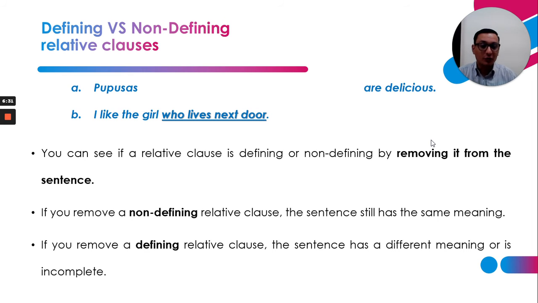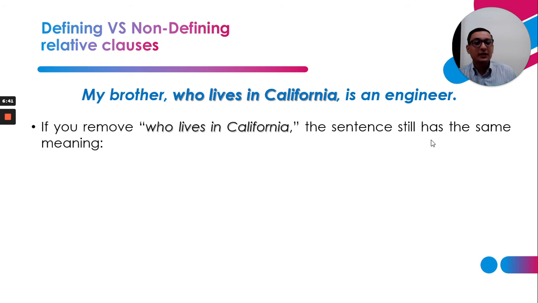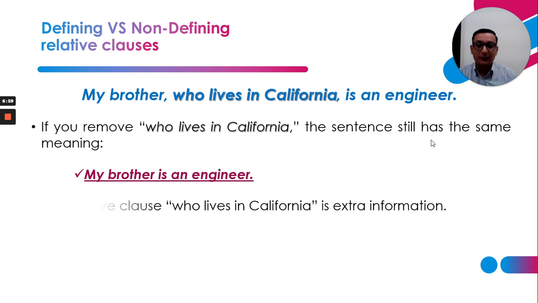It's essential for you to add it. My brother who lives in California is an engineer. If you remove who lives in California, what happens? Nothing happens, the meaning is the same. Knowing that your brother is from California is not important, depending a lot on the context and situation in which you're expressing this idea.